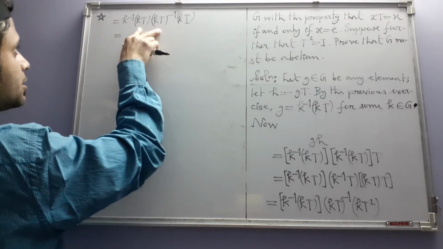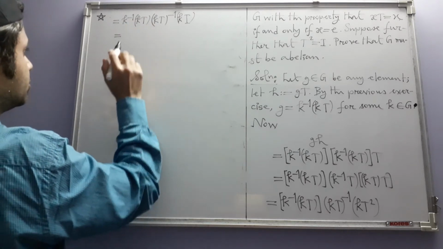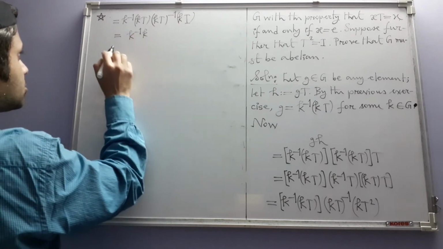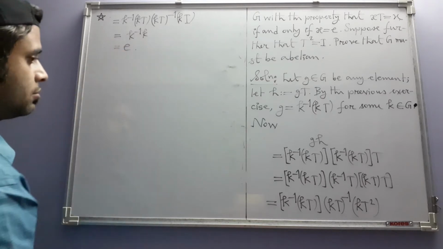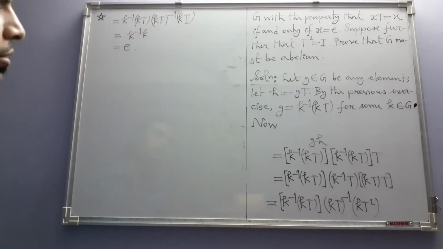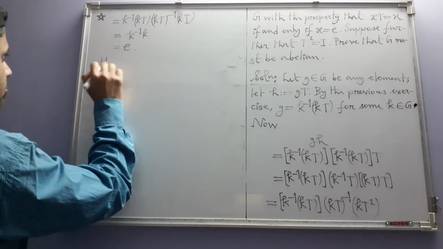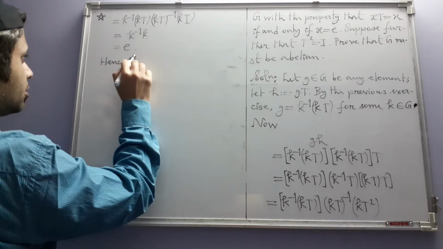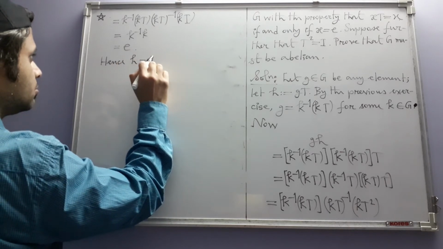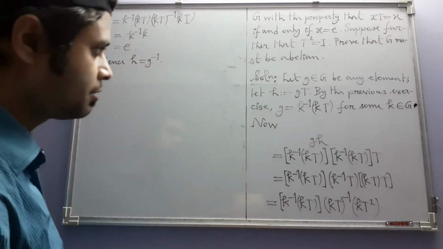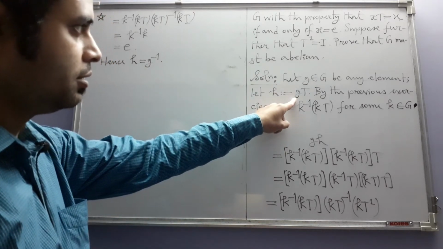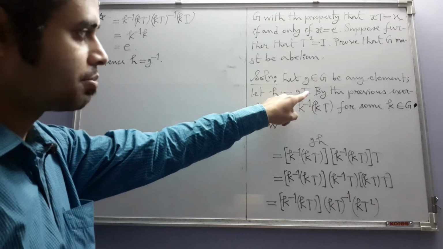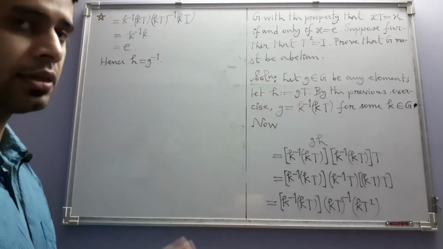So these two things give us the identity element in the group, and K is K, so this is equal to E. So GH is E, hence H is actually G inverse. So that means any element G, note that G was arbitrarily chosen from the group, gets mapped by T onto its inverse, nothing else.